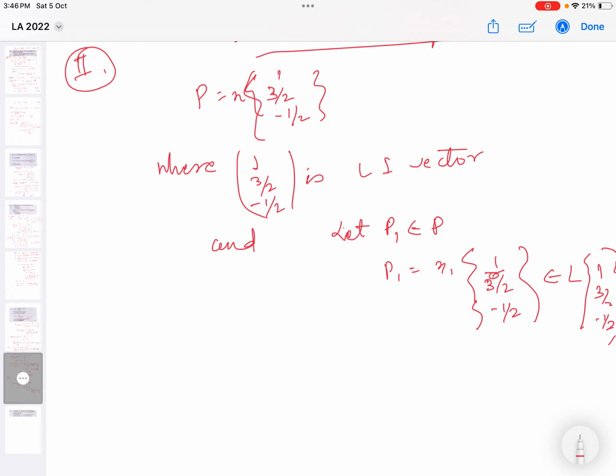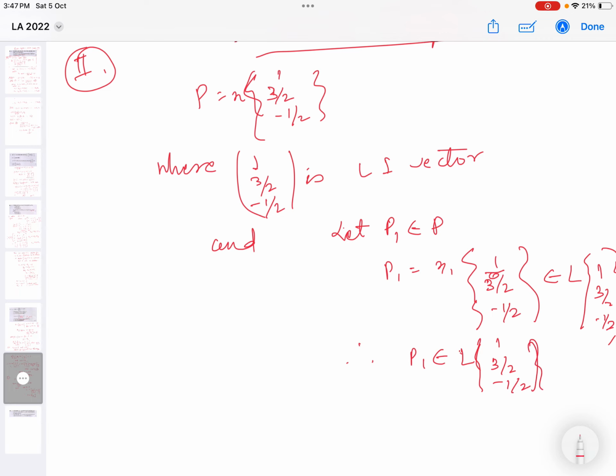So this implies that P1 is also an element of (1, 3/2, -1/2).